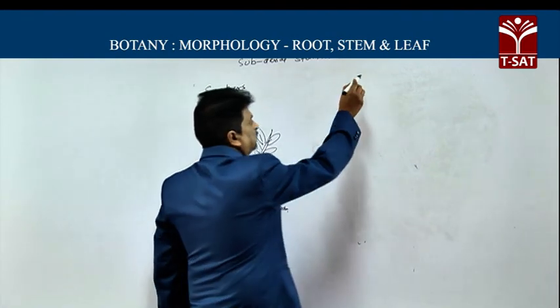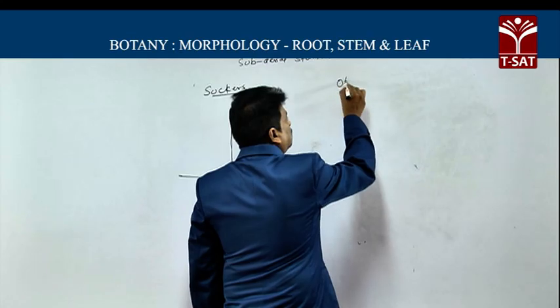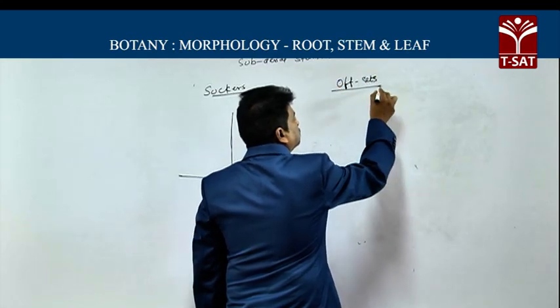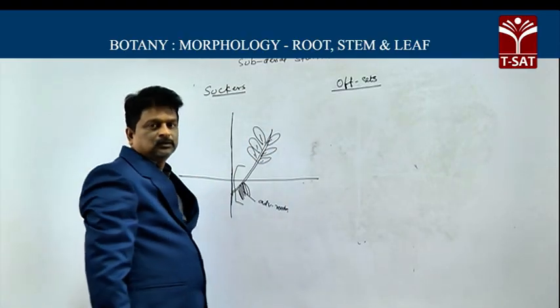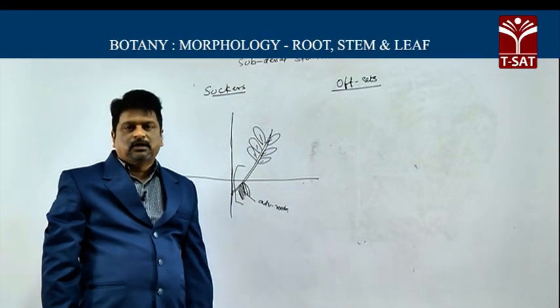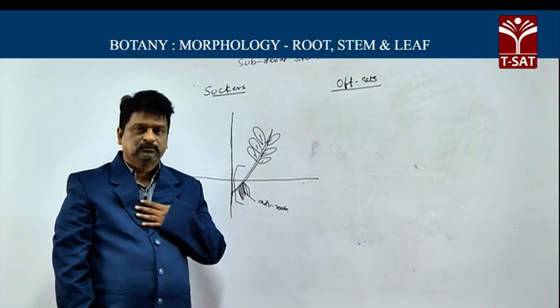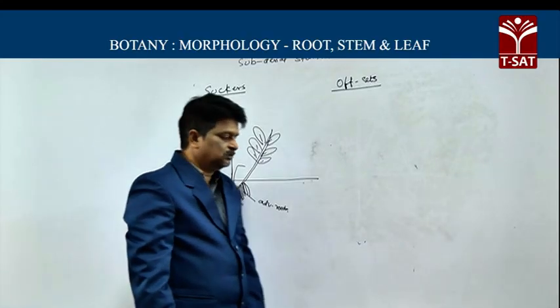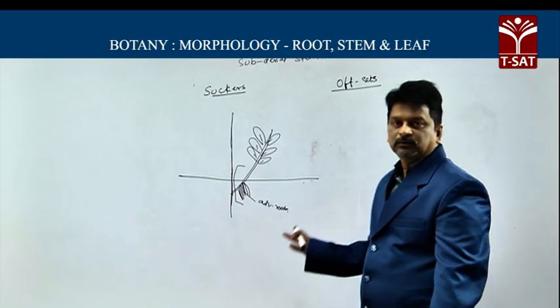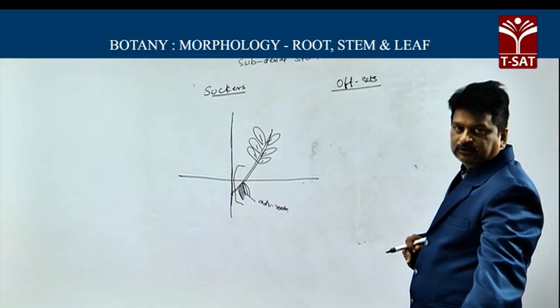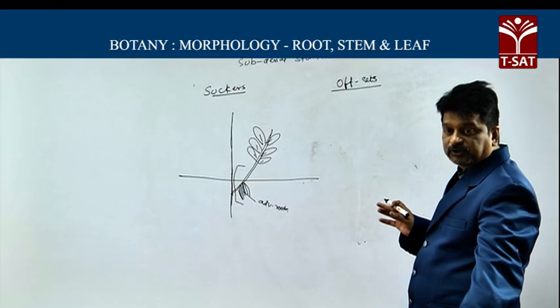Then the fourth modification, the last modification, offsets. Generally, offsets are common in hydrophytes. What is an offset? In an offset, the stem is reduced to disc-like.